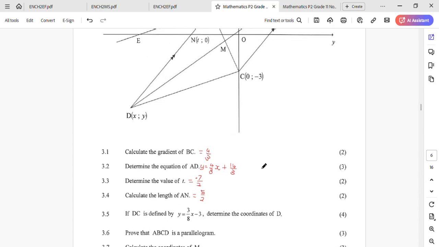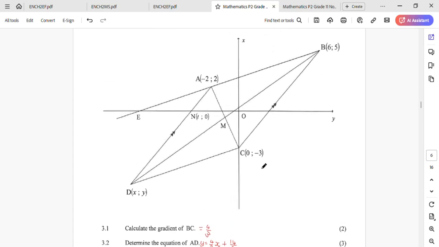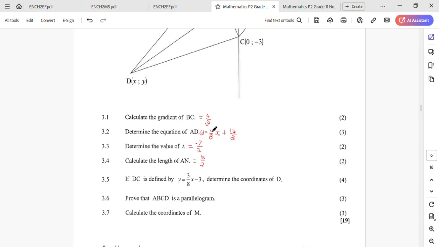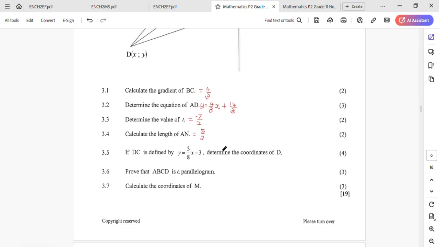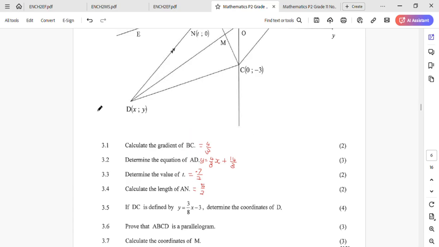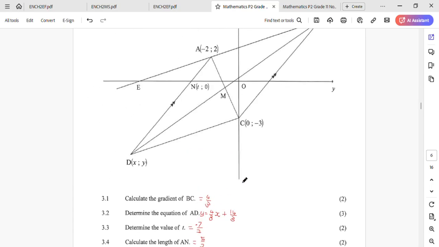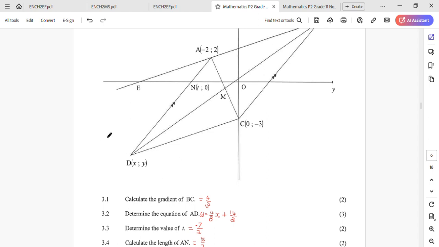If DC is this line, which one, DC, this one, determine the coordinates of D, which is x and y.